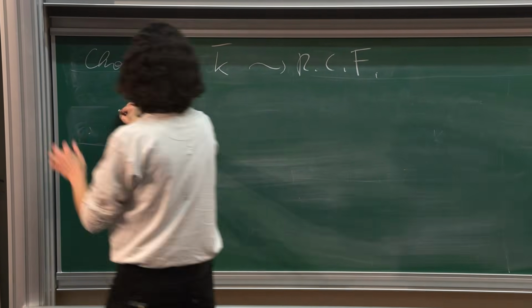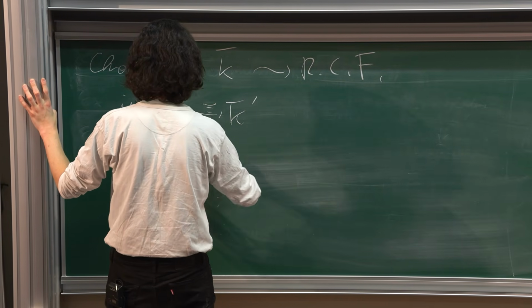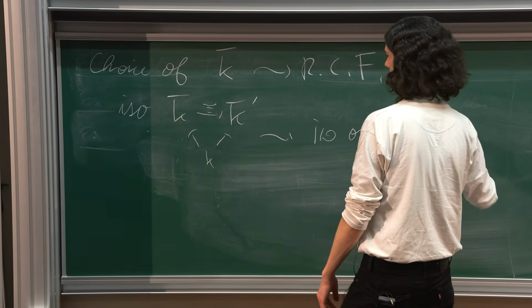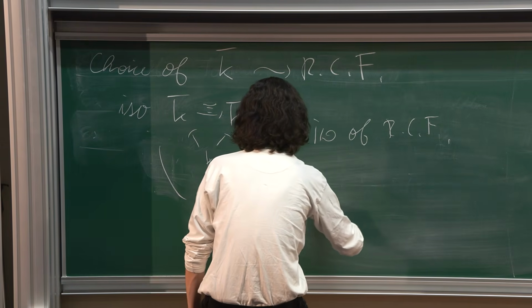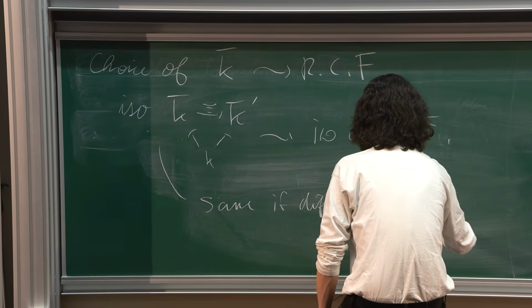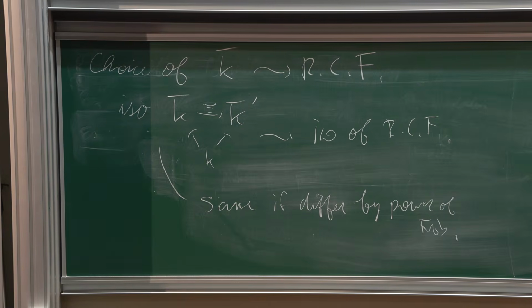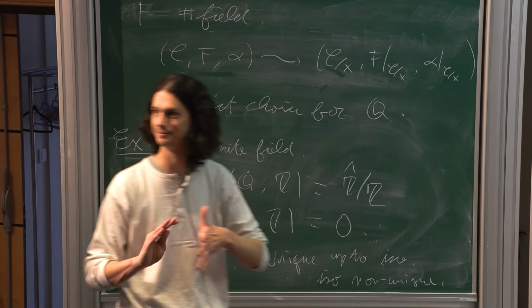An isomorphism from K bar to K bar prime over K gives an isomorphism of refined class formations. But two such induce the same isomorphism if they differ by Frobenius. So two isomorphisms between algebraic closures will give you the same isomorphism of refined class formations if the isomorphisms differ by a power of Frobenius. So if you want a refined class formation for finite fields, you need to fix an algebraic closure up to Frobenius.